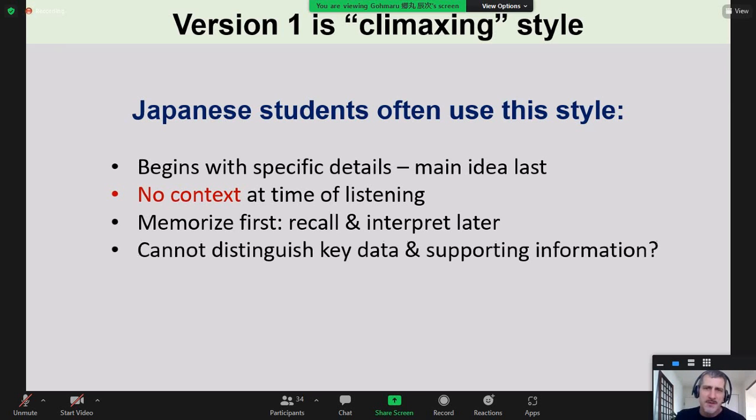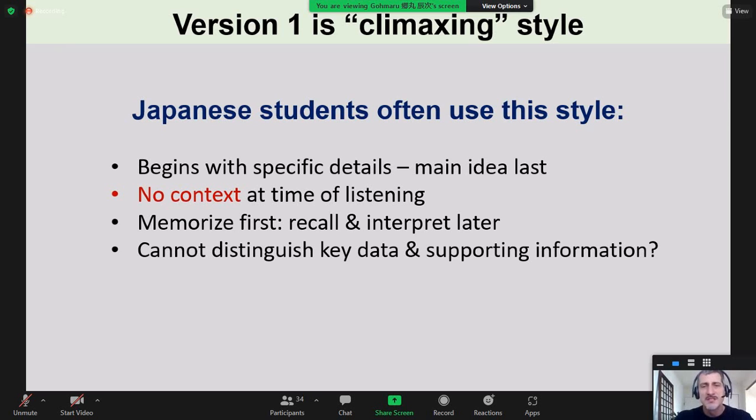Another key problem with this is that as we are listening, it's very difficult to distinguish between key information and supporting information. I mentioned yesterday, we need to remove as much as possible. We need to be strict with ourselves and remove things that are not necessary.